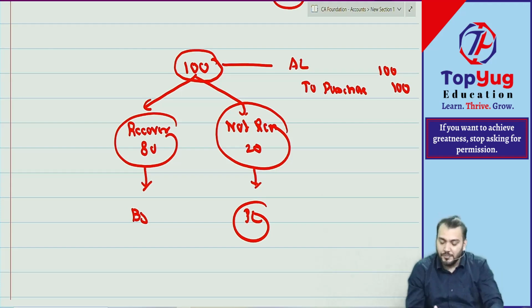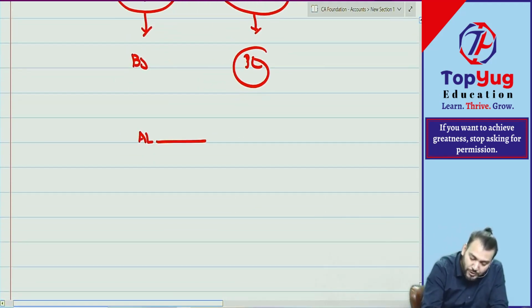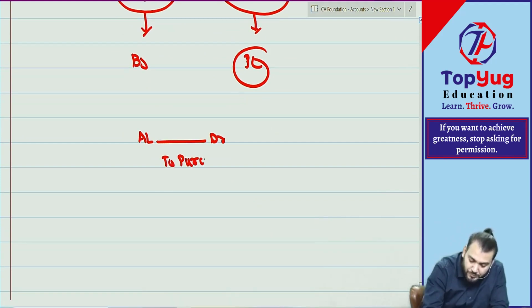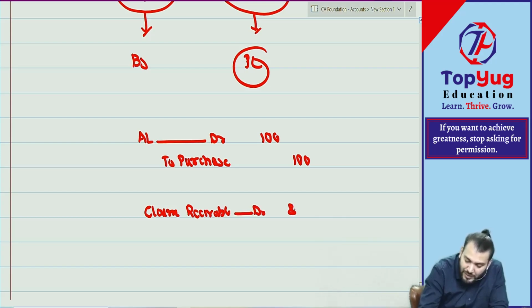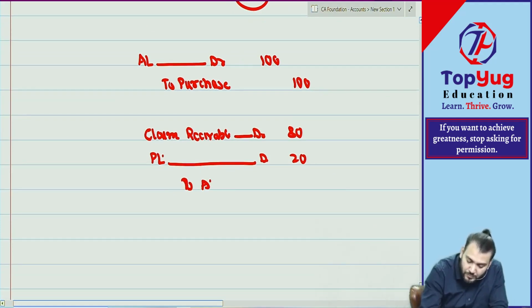Listen, what journal entry have we done? Once again, we have done abnormal loss account debit to purchase with what amount? 100. Then what second journal entry have we done? Claim receivable. Anything receivable is what? Asset. So 80, and PL account debit how much? 20, to abnormal loss how much? 100.